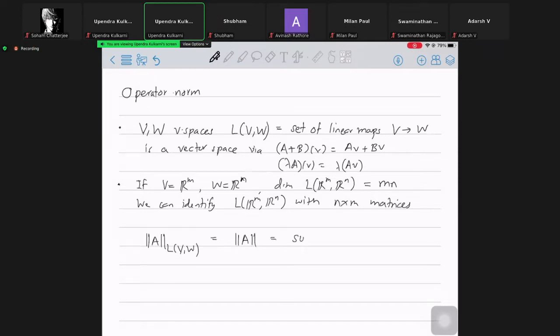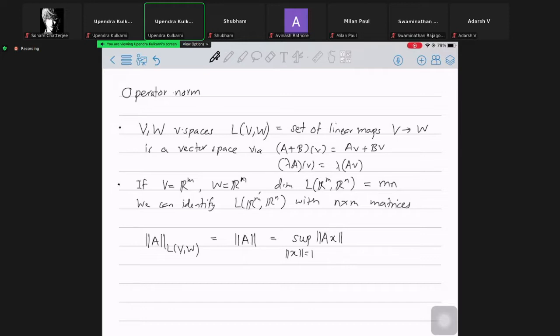So this is the supremum of the norms of the images of vectors x under A, where the norm of x is 1. So there are various things to say. First of all, in order for this to make sense, you have to have norms on V and W.